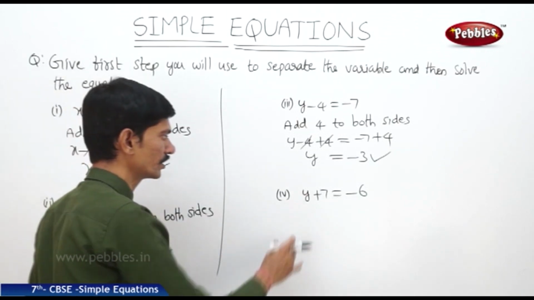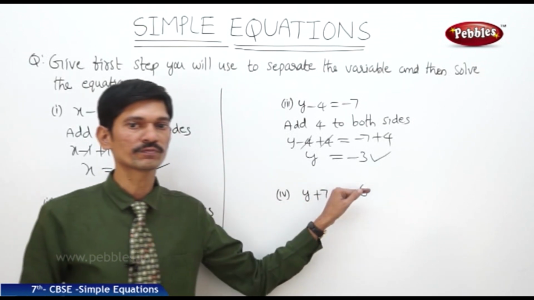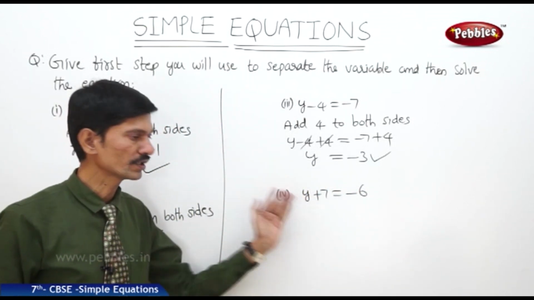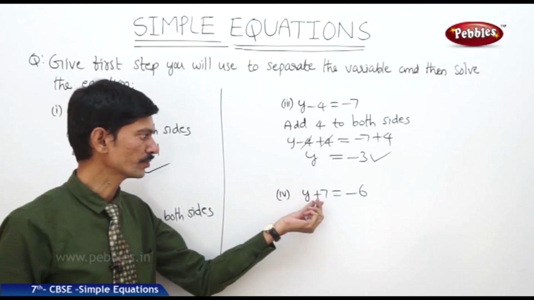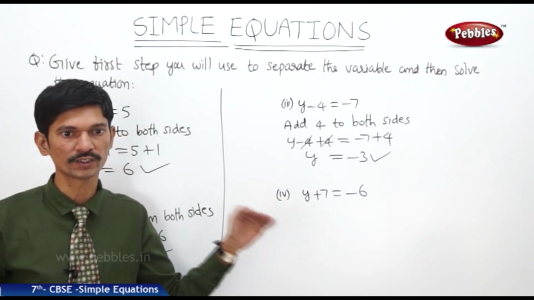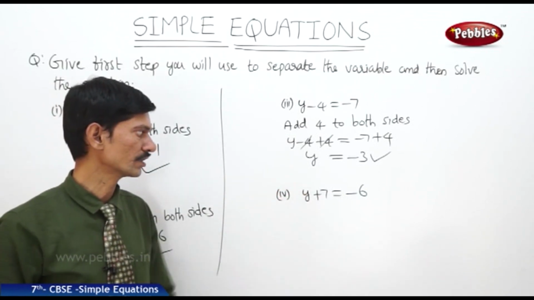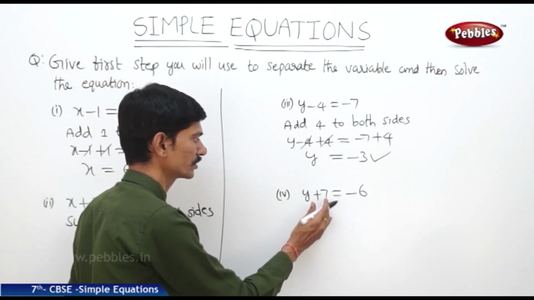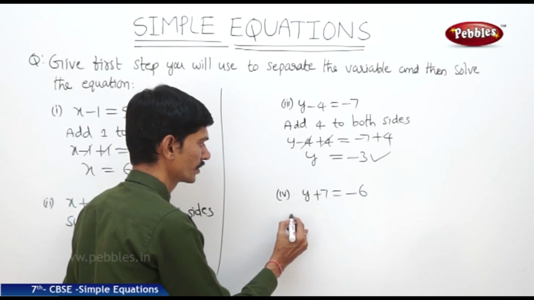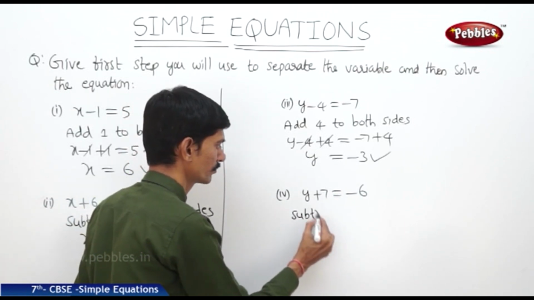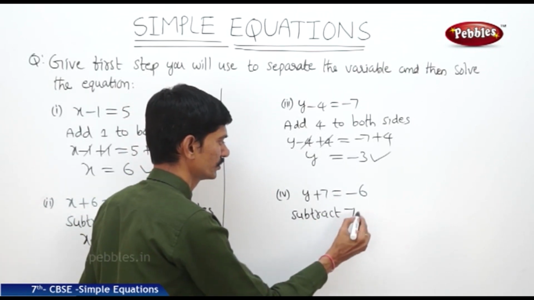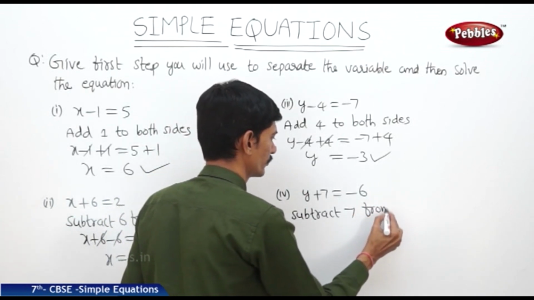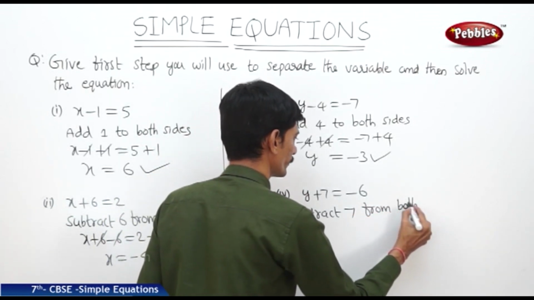Now in the fourth equation, y plus 7 equals to minus 6. To separate y in the LHS, we have to remove plus 7, meaning we have to cancel plus 7. How to cancel plus 7 here? To cancel plus 7, we should subtract 7 from both sides. So subtract 7 from both sides.